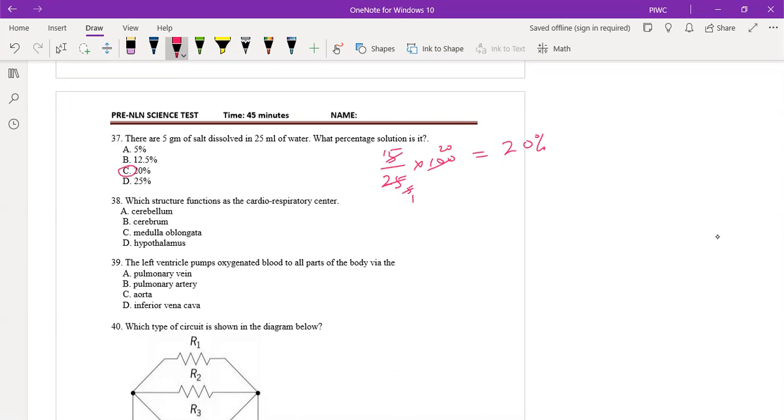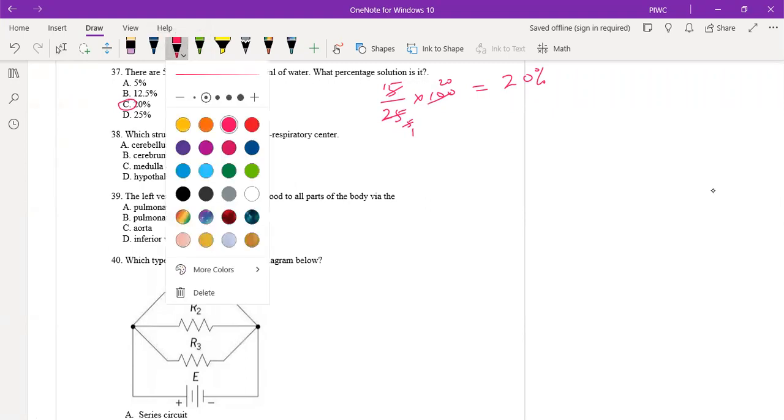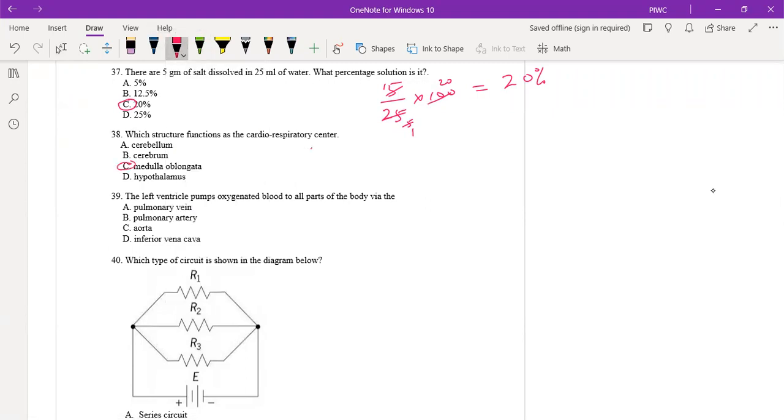Then 38, which structure functions as a cardiorespiratory center? I hope you remember that one. Medulla oblongata, correct. Cerebellum, remember, plays a role in balancing, one of the roles.